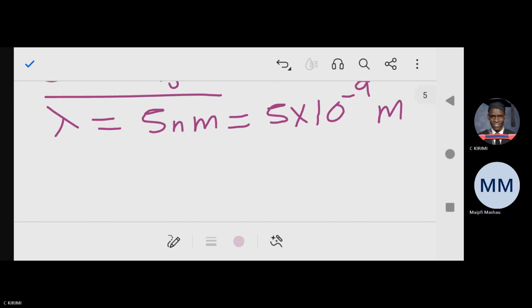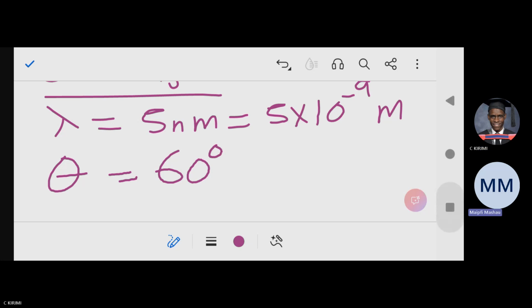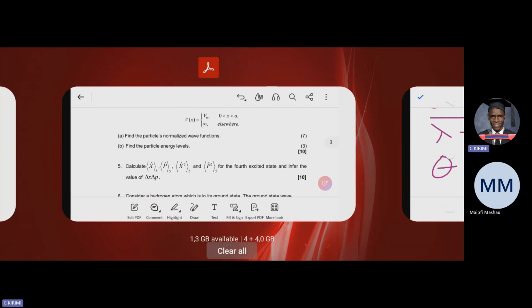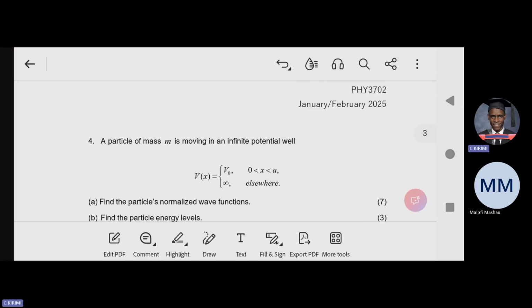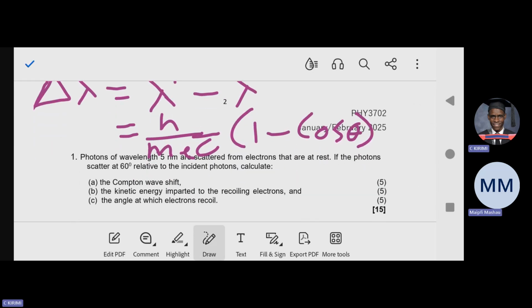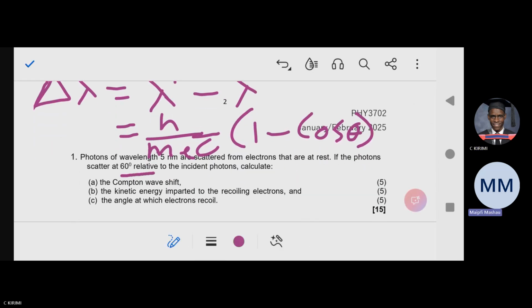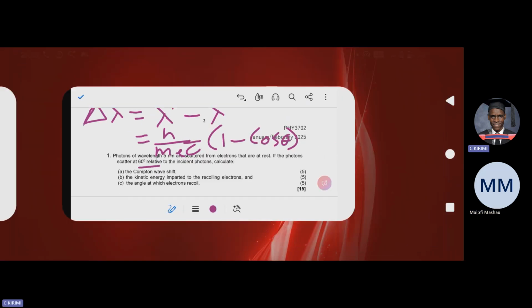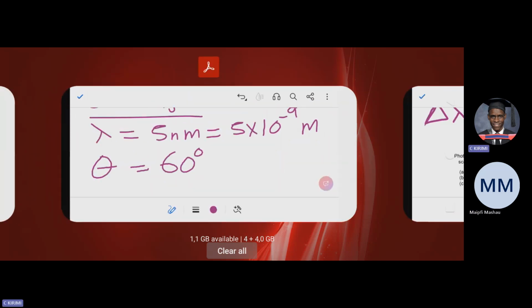Then what is the value of theta? The theta is given in the question. So the theta, the angle. Now it's just 5 marks to calculate and punch in your calculator. Give away now.